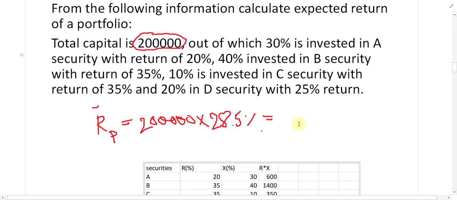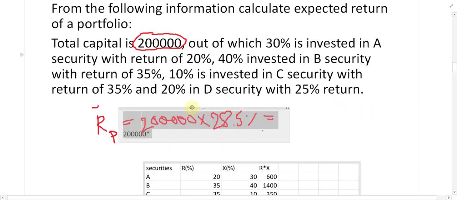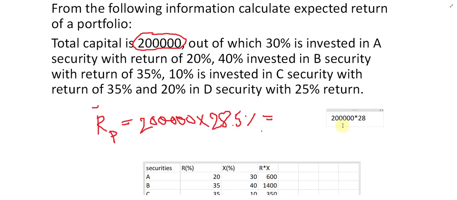So let me calculate this one. Record here. 2 lakh multiply to 28.5%. Then press equal, you will get.